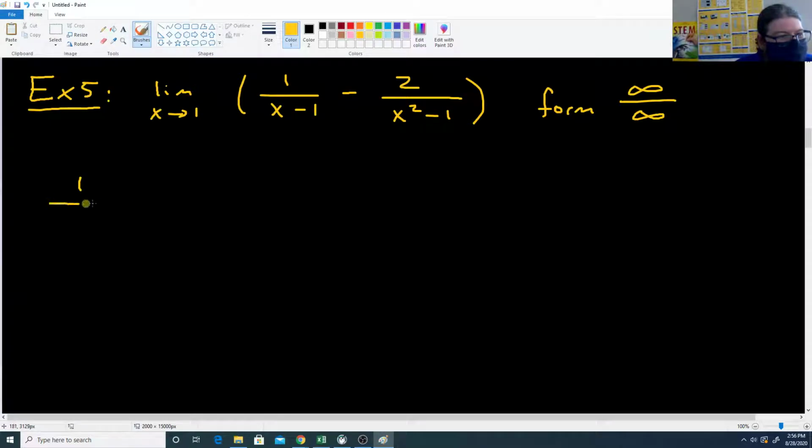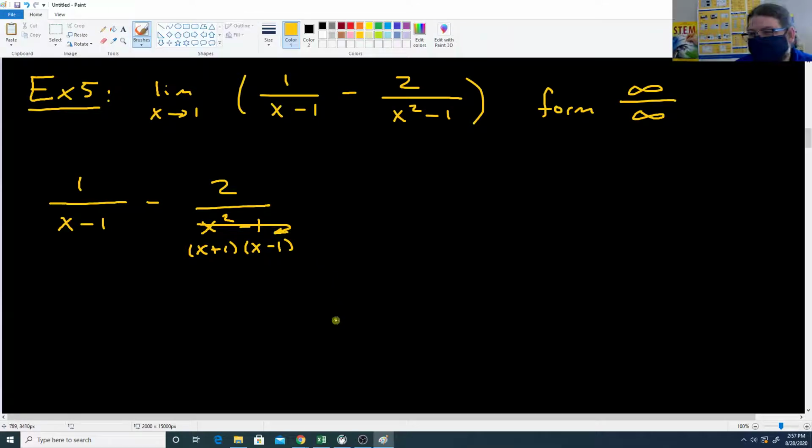So we'll look at 1 over x minus 1 minus 2 over x squared minus 1. We'll note that this 2 over x squared minus 1, that factors as x plus 1 times x minus 1. So this bottom part here is actually this. So if we wanted to make these have the same LCD, this has an x minus 1 in it.